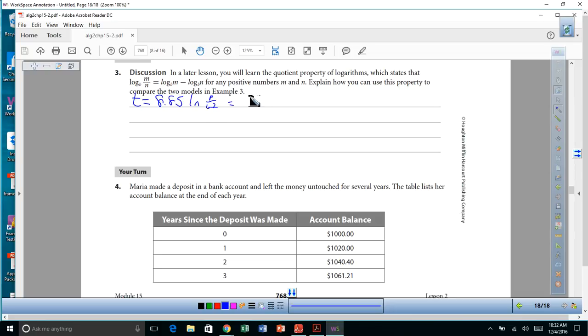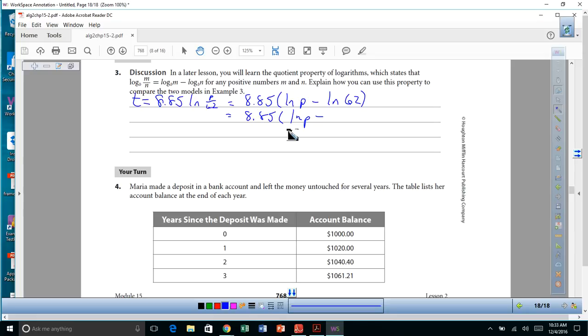And that says that's 8.85, and then natural log of p minus the natural log of 62. Okay? Now, we don't know what p is, but we know what natural log of 62 is. We can put that in our calculator.